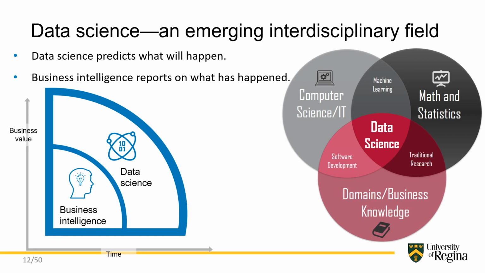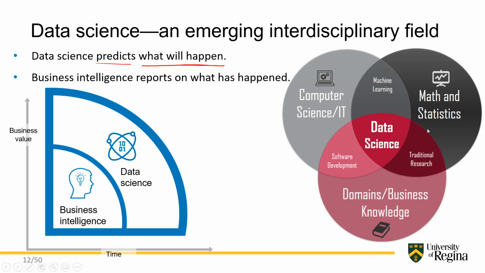Data science is a science that will help you predict what's going to happen next based on the data that you have. It's an emerging interdisciplinary field, and it sits at the center of computer science and IT, math and stats, and domain and business knowledge.